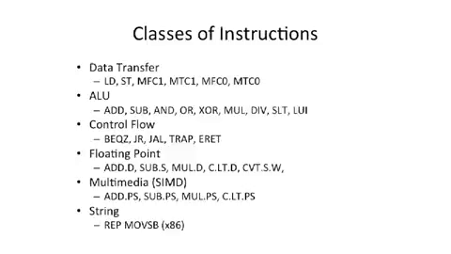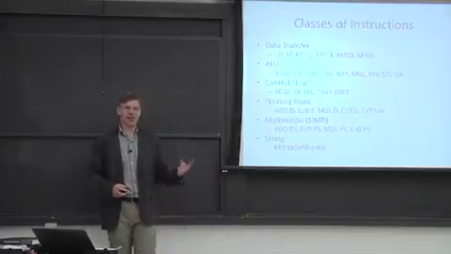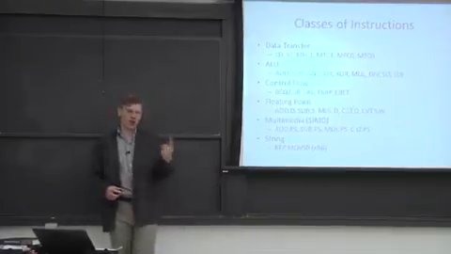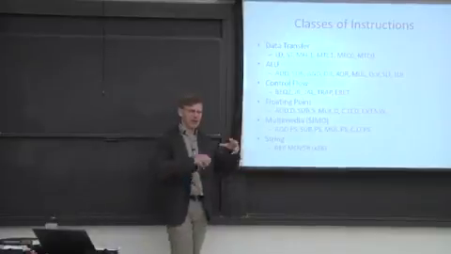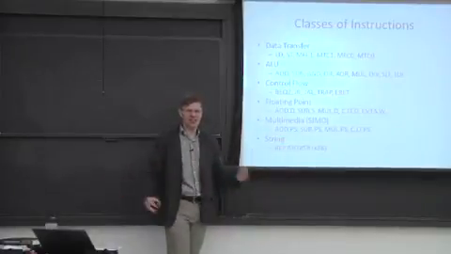For instance, in the VAX architecture, they had instructions that could do very complex things. I think there was one that even did a fast Fourier transform in one instruction. That's right, a whole fast Fourier transform across a huge data set in one instruction.